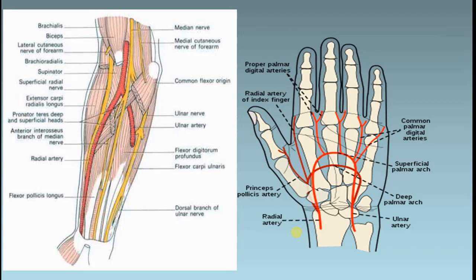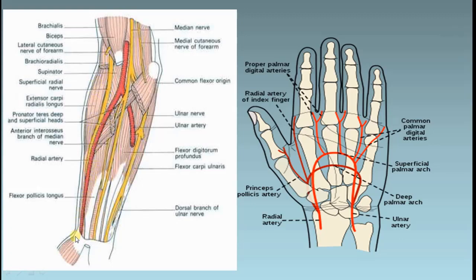Arterial pulsations can be measured in the radial artery near the wrist. Here we are able to see the radial artery. It is present lateral to the brachioradialis muscle and the flexor carpi radialis.